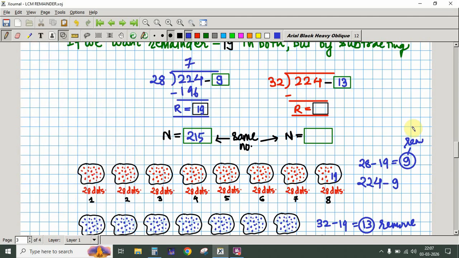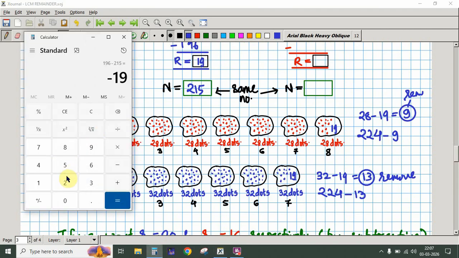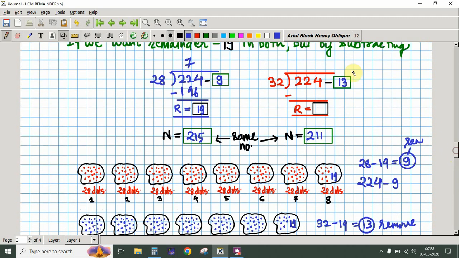32. How much have I removed from here? I have removed 13. So let's say 13, and these are the 19 dots. Okay. So 224 minus 13. The number is 211. This calculation is 211, and I am dividing 211 by 32.